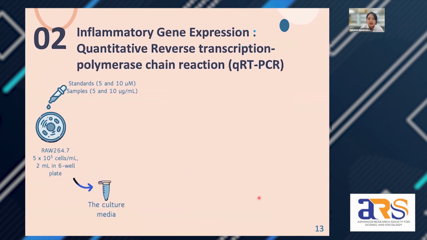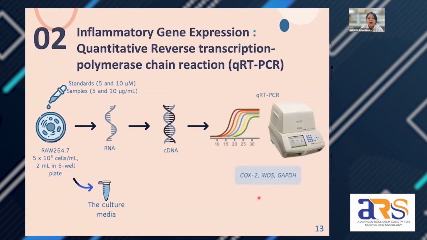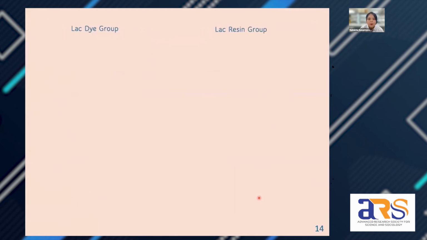After 24 hours, the culture media were collected and the RNA was extracted, then converted into cDNA and the gene expression was measured using a qRT-PCR machine specific for COX-2, iNOS, and GAPDH genes.